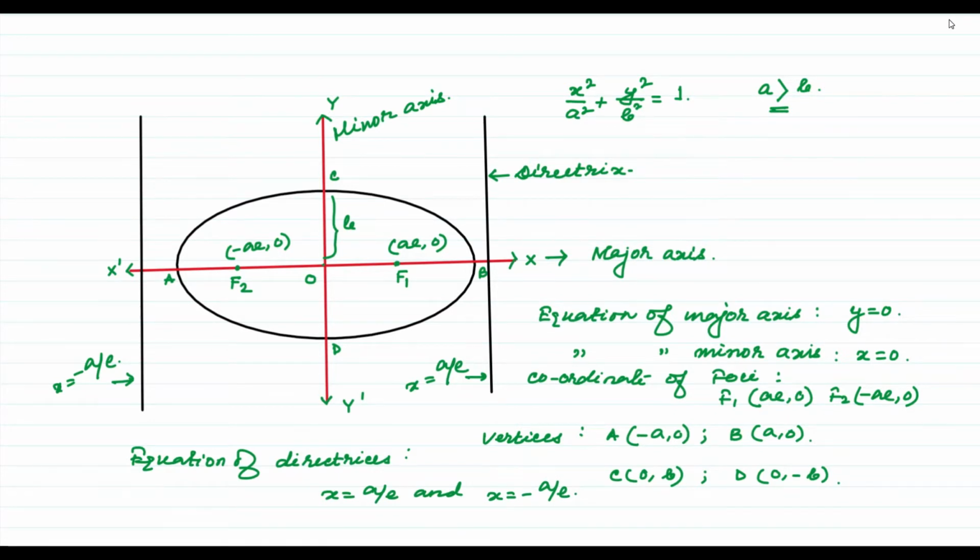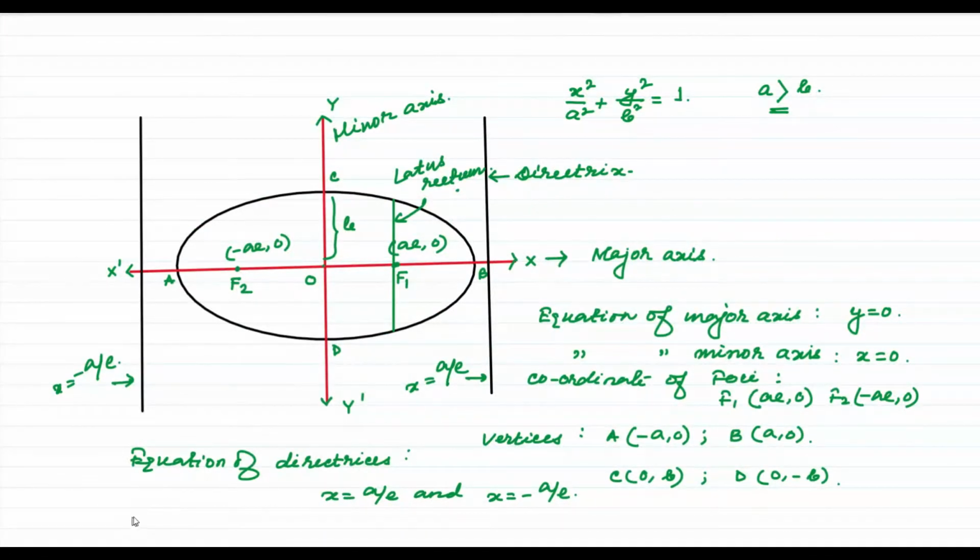If we draw the perpendicular line passing through the focus, this is a chord, and why is this called a special type of chord? Because this chord of the ellipse passes through the point F1 and is perpendicular to the major axis, and this is called the latus rectum.